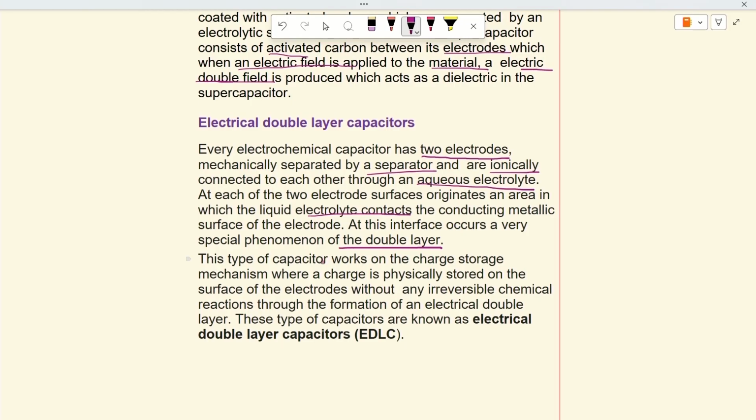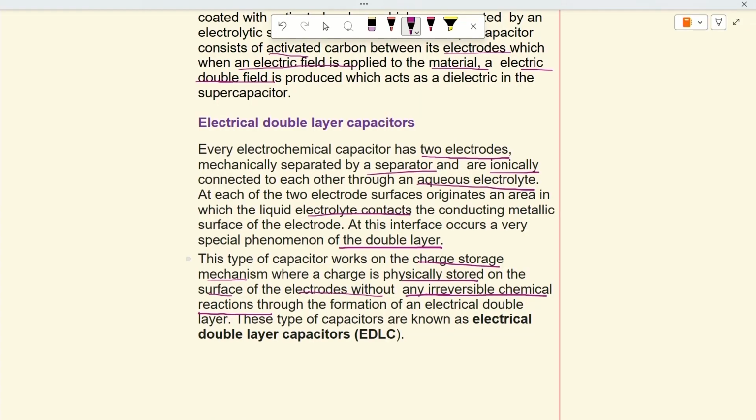Okay. And this double layer, how does it work? The charge storage mechanism is the physically stored surface of the electrodes without any irreversible chemical reaction taking place. There is no chemical reaction, it is only the storage, that is, it is getting an electrical double layer.